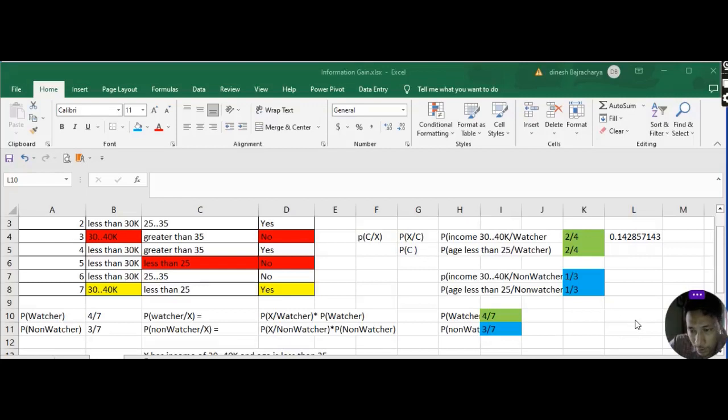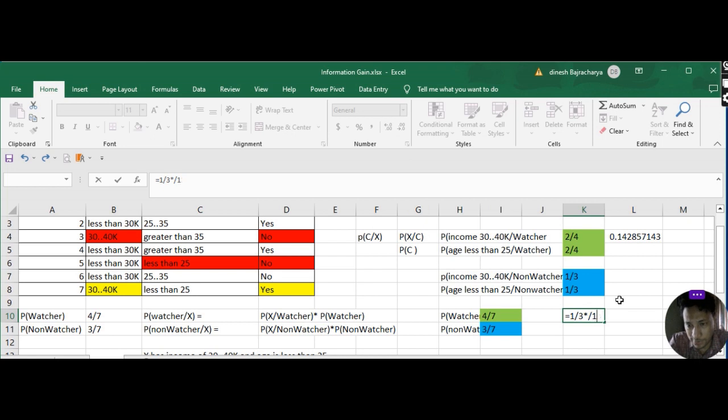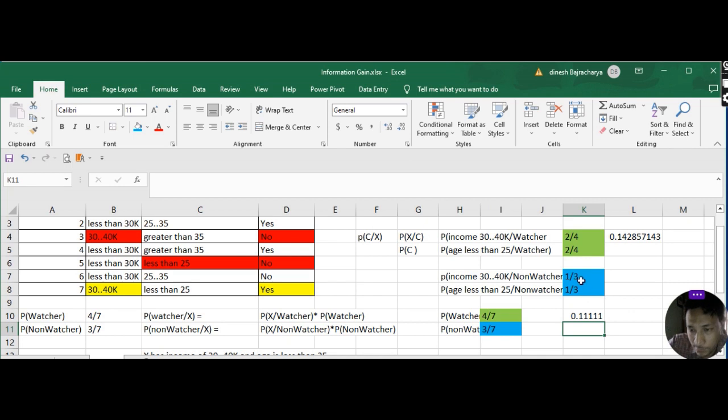Now calculate the probability of X conditioned on non-watchers. I can't multiply all these things together because I'm using Excel and it will convert this value to a date. So first I multiply 1 by 3 times 1 by 3, then I multiply this value by the probability of non-watchers, 3 by 7.